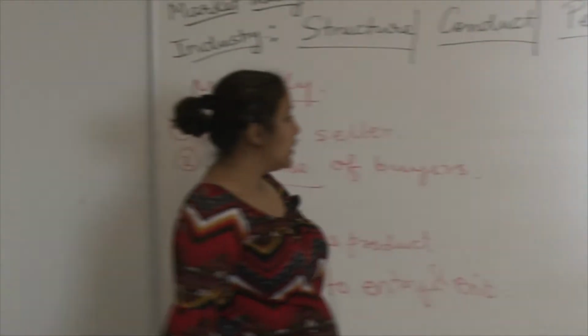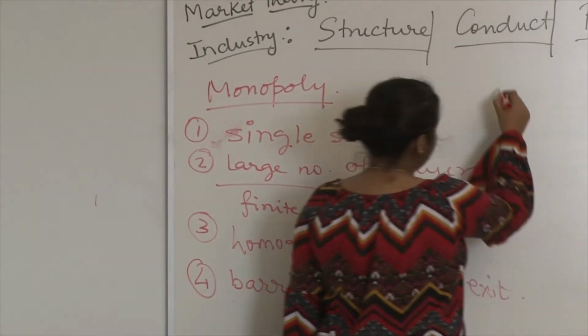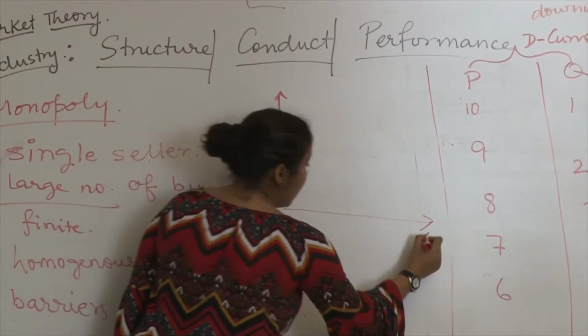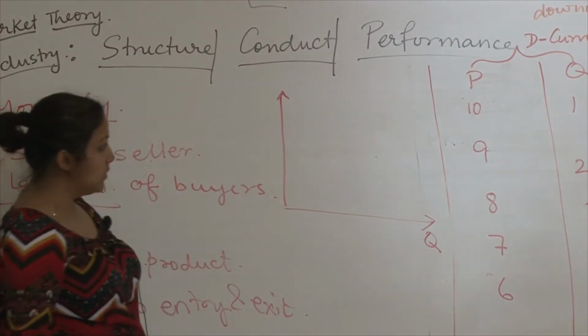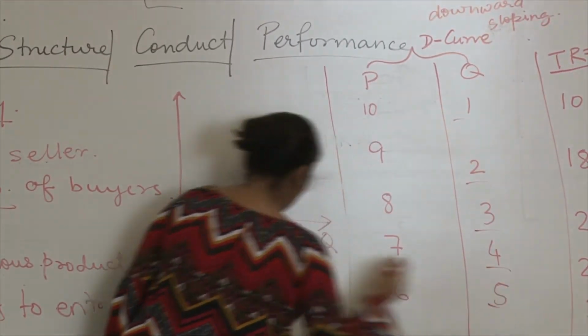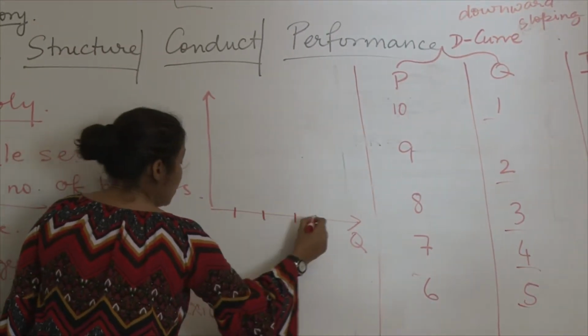Okay. Now let's say I have this diagram where I am plotting quantity on the x-axis. So I have 1, 2, 3, 4, 5.